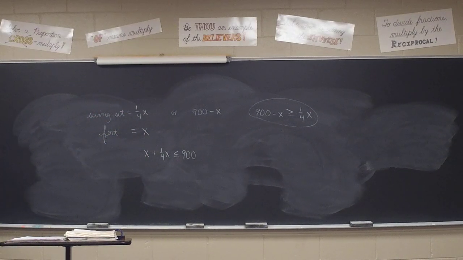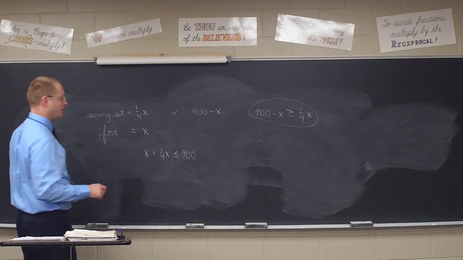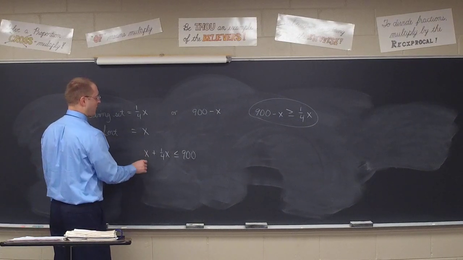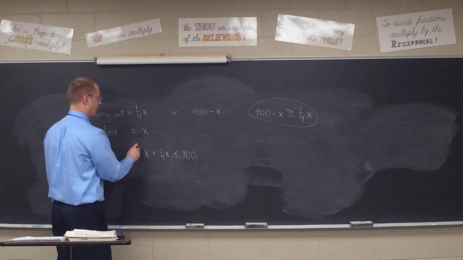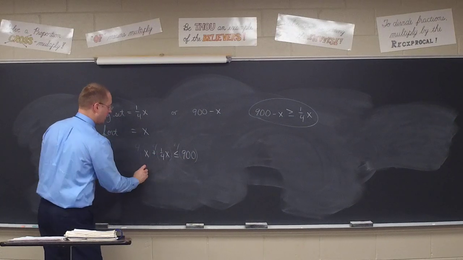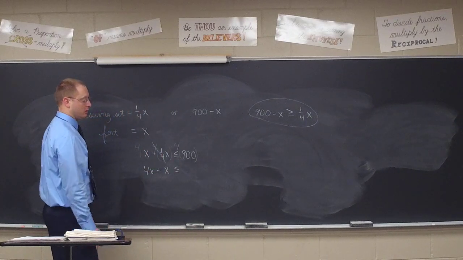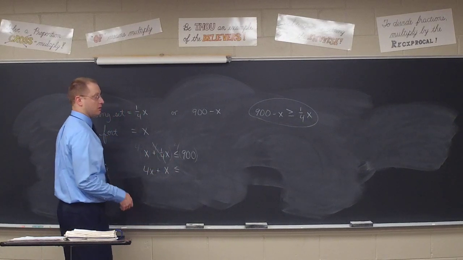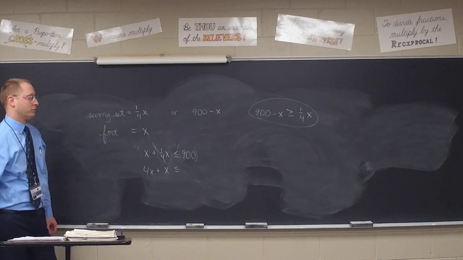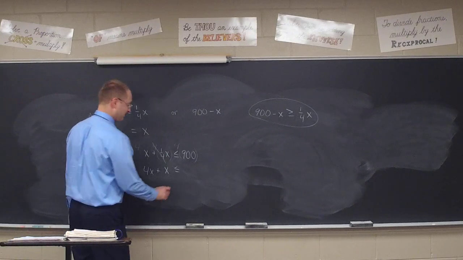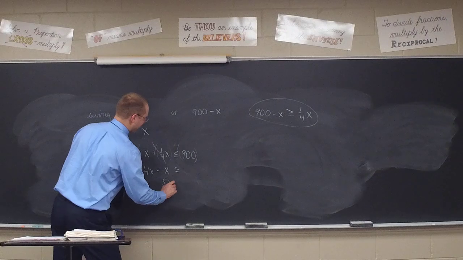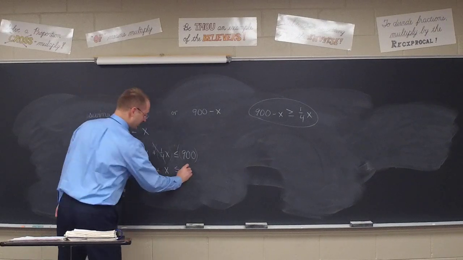So both of you, as you solve, we probably want to get rid of the denominator, right? I like to knock out the fraction, multiply everything by 4. 4x plus x is less than or equal to what's 4 times 900? Oh, sorry, yes, it does combine to give me 5x. Very good. 3,600, there we go.